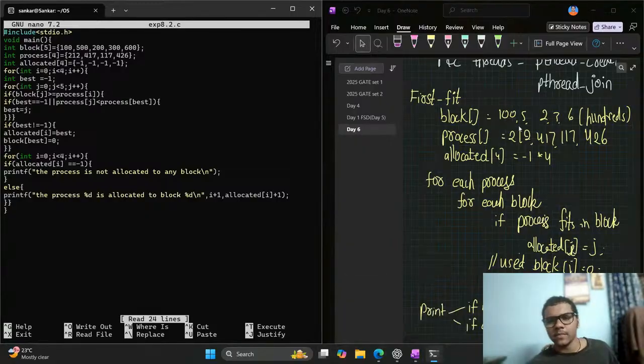Wait, let me map this out. 212 is mapped to 300. 417 is mapped to 500. 117 is mapped to this. 426 should be mapped to 600, baby. Yeah.